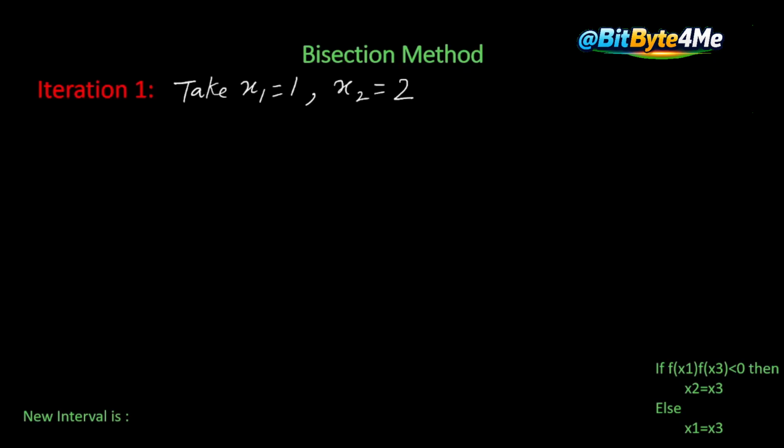The next step always is to find the midpoint of these two values. So we find x3 = (x1 + x2)/2. We add 1 plus 2 divided by 2, which is 3/2, that means 1.5. So we have got x3 = 1.5.